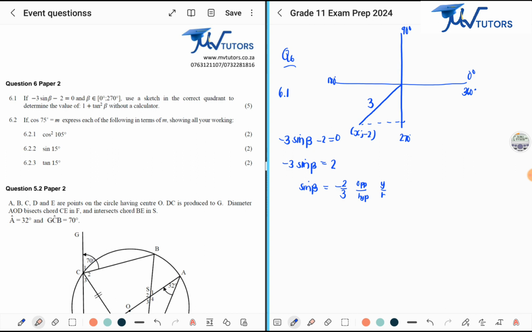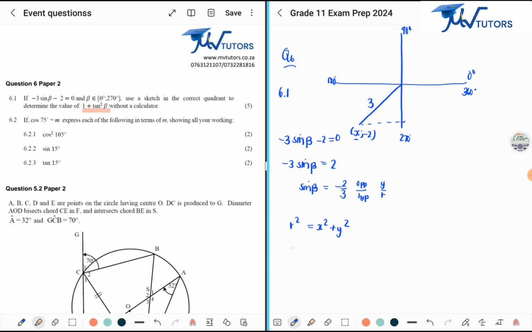Okay, so we can go and work out what x is, because I can see already in the question they're asking about 1 plus tan squared beta, and tan is opposite over adjacent. So I think it would be best for us to determine the value of x. Here we simply use Pythagoras, which says r squared is equal to x squared plus y squared.